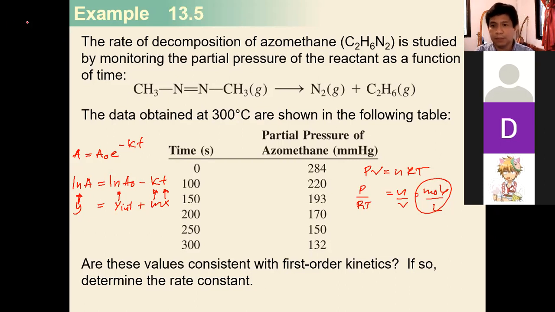Molarity. Remember, mole per liter is molarity. That's your A, that's your A sub O, that's your concentration. So we can substitute P over RT for A, and for A sub O, P sub O over RT.